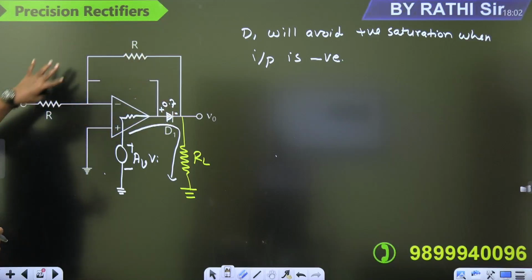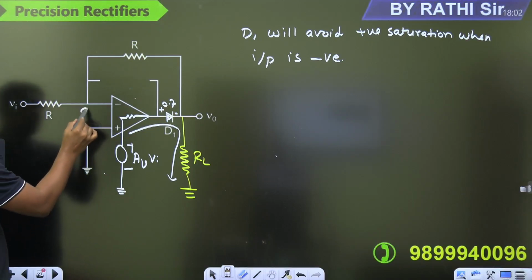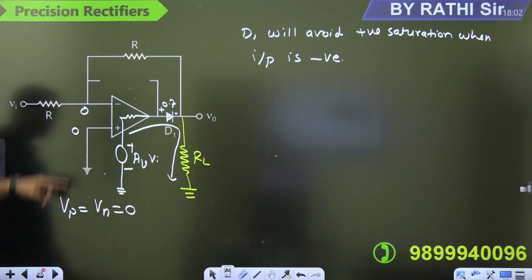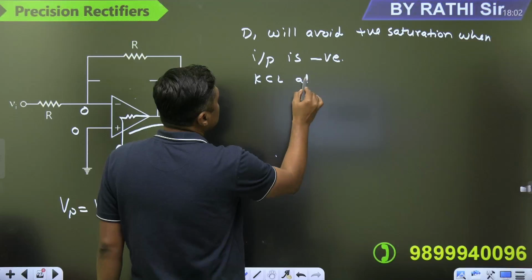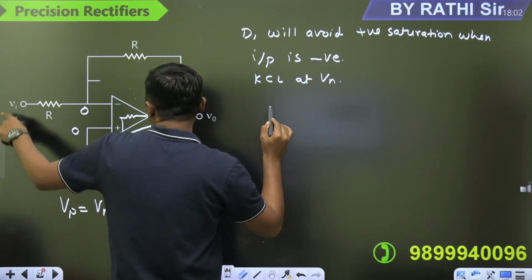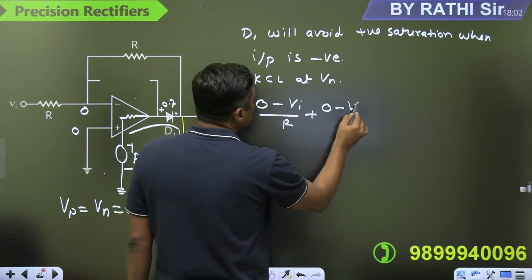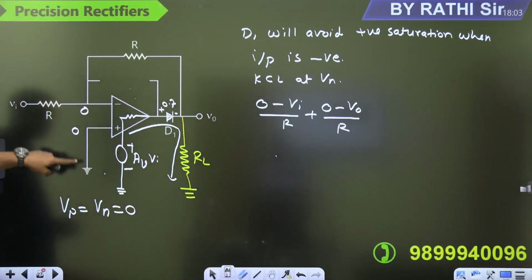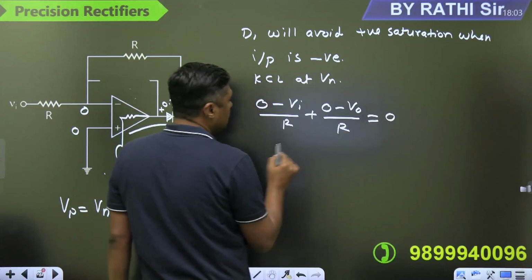And now the virtual short concept is valid. This is 0, this is 0. Vp is equal to Vn is equal to what? 0. You can apply KCL at Vn. What is the KCL? 0 minus Vi upon R plus 0 minus V0 upon R, because of the virtual short concept, this is ground, this is 0. 0 minus Vi upon R plus 0 minus V0 upon R is equal to 0, and you will find that V0 is equal to what?